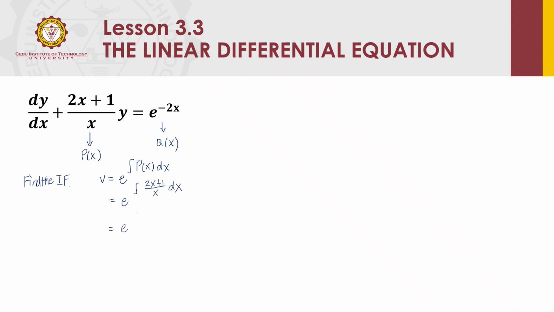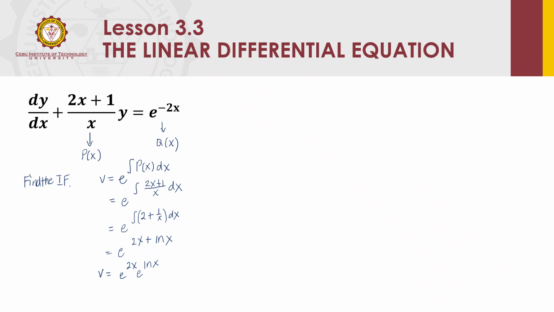The 2x plus 1 all over x is reduced to 2 plus 1 over x dx. So the integral is 2x plus ln of x. Or if we separate 2x and ln of x using one of the laws of exponents, it would be e to the 2x times e to the ln x, right?